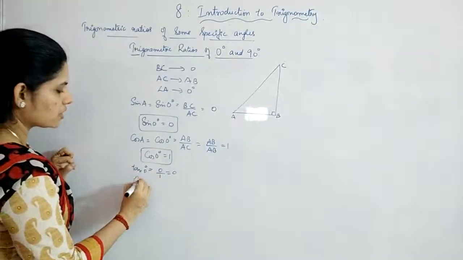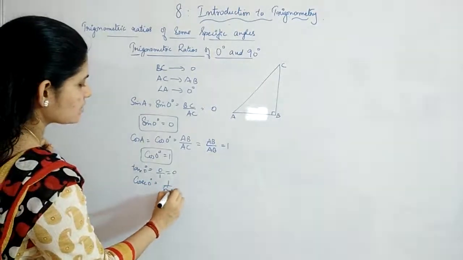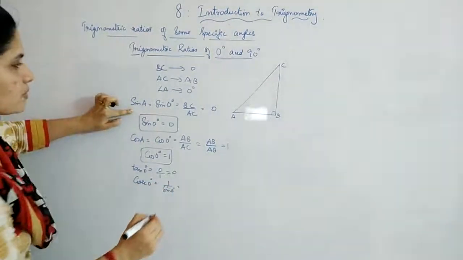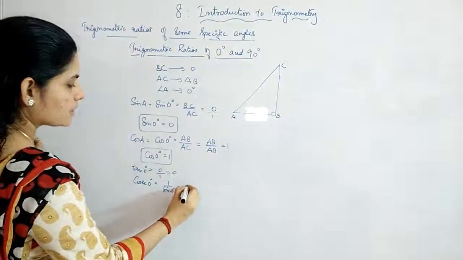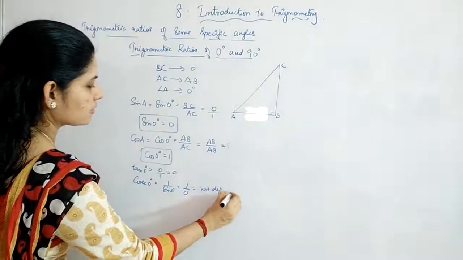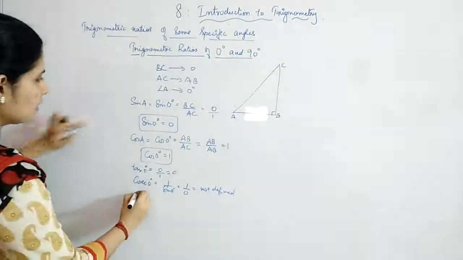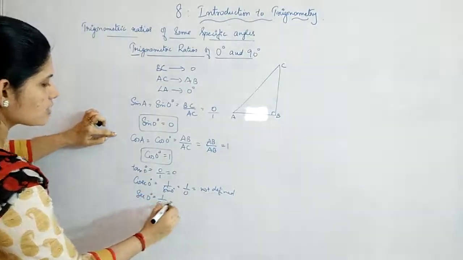Now for cosec 0, you will have the reciprocal of sine 0. Reciprocal of sine 0 means sine is 0 by 1, so you will get 1 by 0, which is not defined. Then sec 0 is the reciprocal of cos. So what is cos 0?